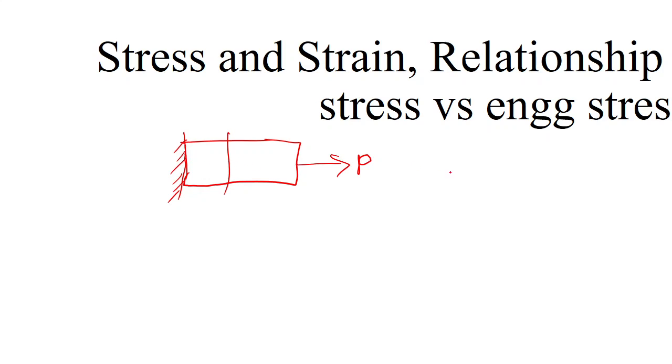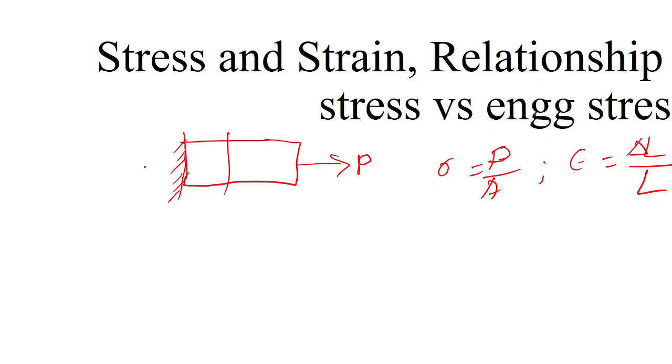Stress is denoted by force by area, which in this case is P by A. Strain is given by epsilon, which is nothing but the change in length divided by original length, here del L divided by the original length L. There are basic differences between engineering stress and engineering strain, and true stress and true strain.